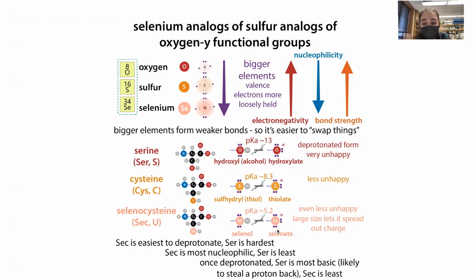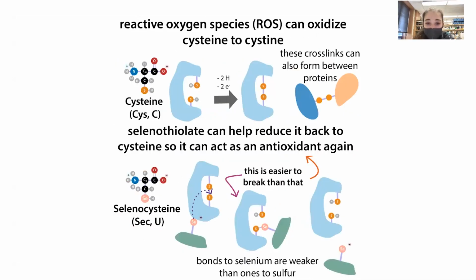And when it attacks as a nucleophile, it's able to form bonds. But the large size is also going to make the bonds that it forms weaker. And so this is going to allow you to swap things out when you form a bond to a selenium. And so this is why we're able to break up the sulfur-sulfur bonds with sulfur-selenium bonds.